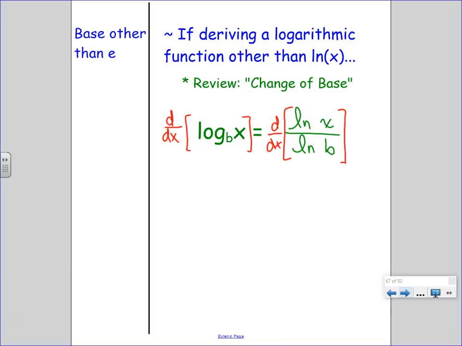Quotient rule, kind of. Quotient chain rule. I actually don't need a quotient rule if we rewrite it. No, that's illegal. No deriving, just rewriting. Is there a way to rewrite ln of x over ln of b?